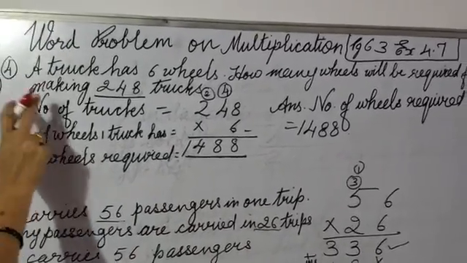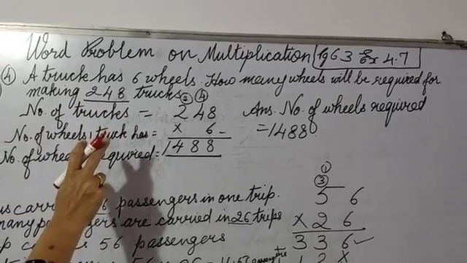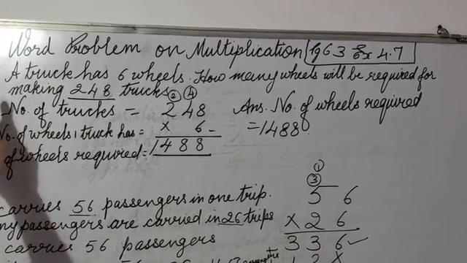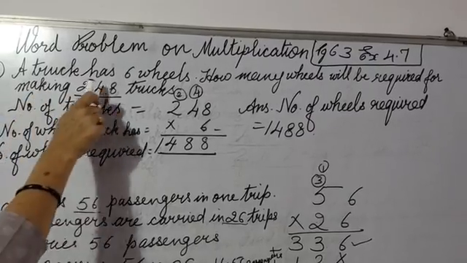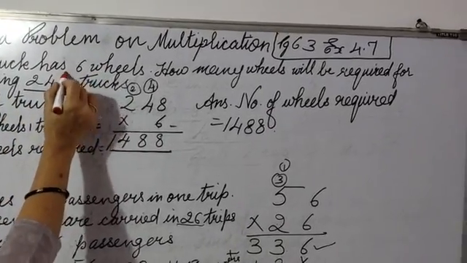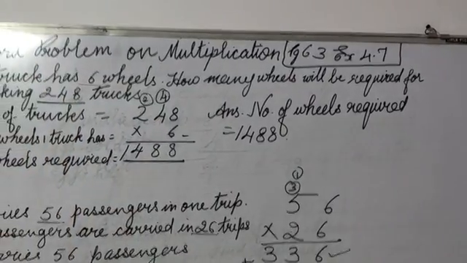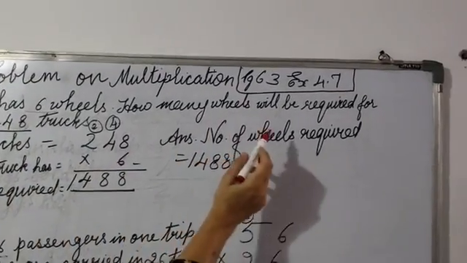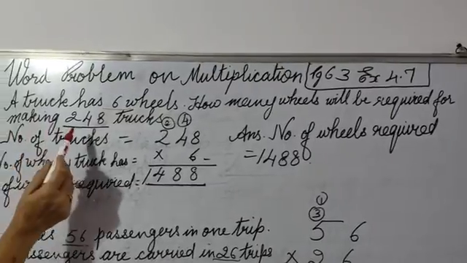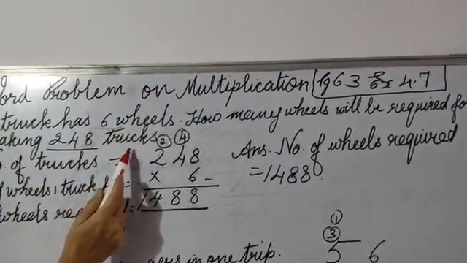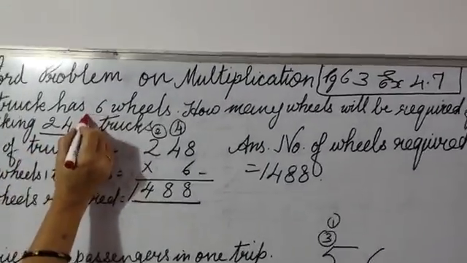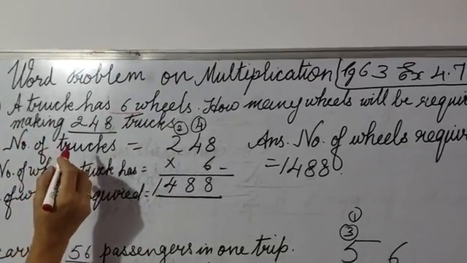Now today's sum is of page 63, exercise 4.7, number 4. A truck has 6 wheels. How many wheels will be required for making 248 trucks? So in one truck there are 6 wheels.